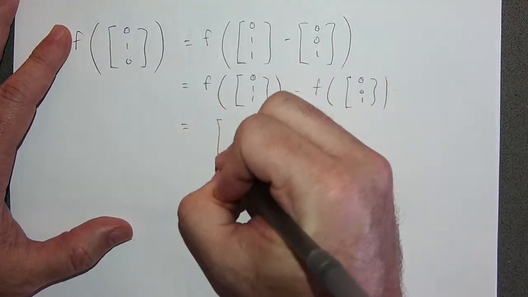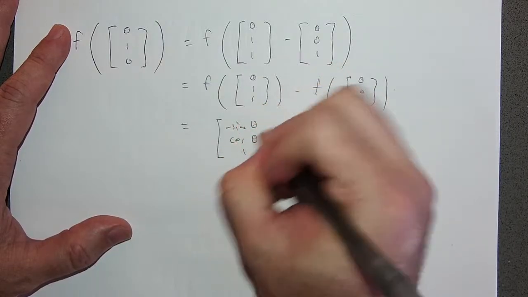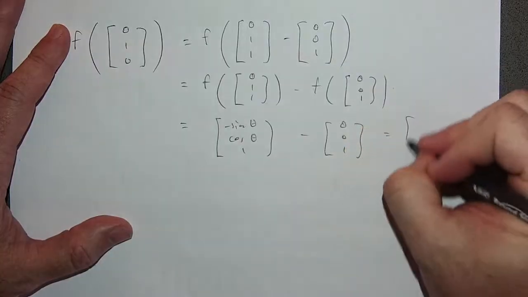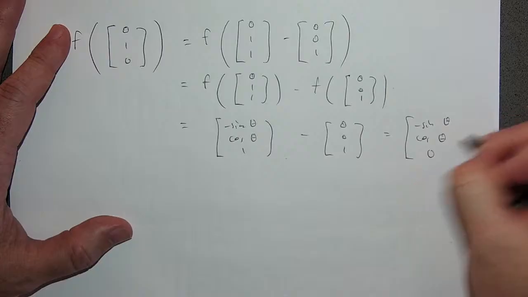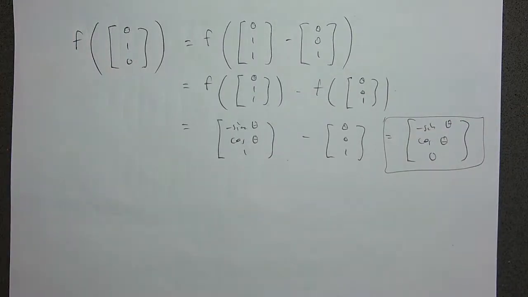This, of course, is minus sine theta, cosine theta, 1 minus 0, 0, 1, so that I get minus sine theta, cosine theta, 0. And now I know what my matrix A is.